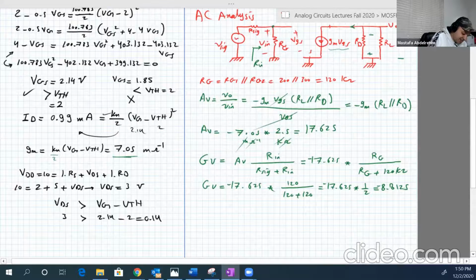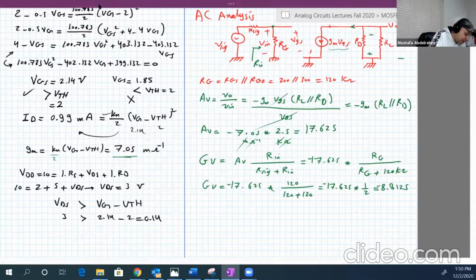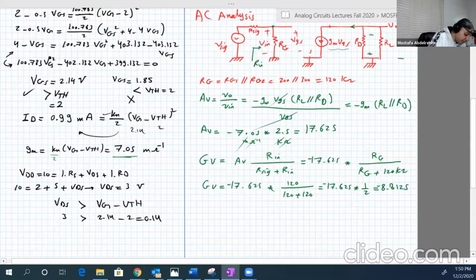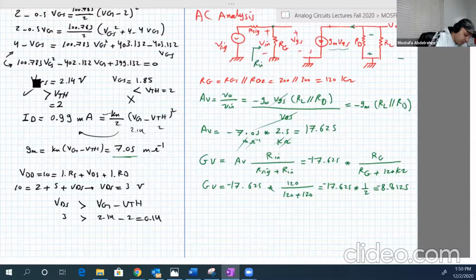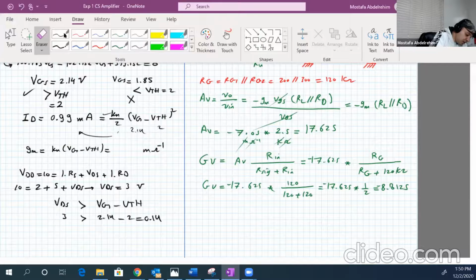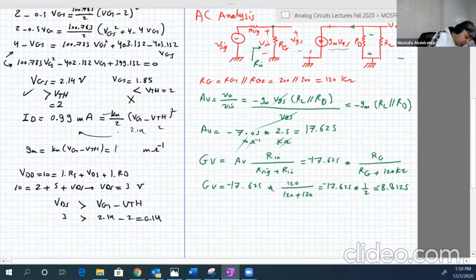ID is equal to Kn over 2 times VGS minus V threshold squared. But GM should be just Kn directly. So this will be 14, just the double of this number. So this should be 14.1.